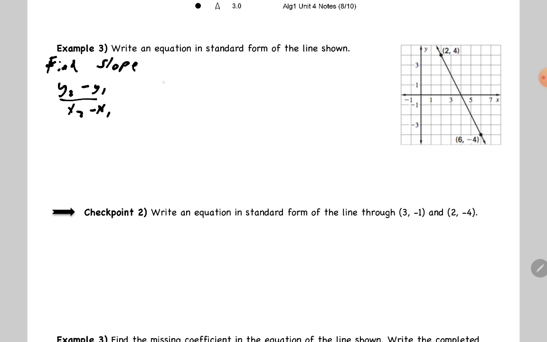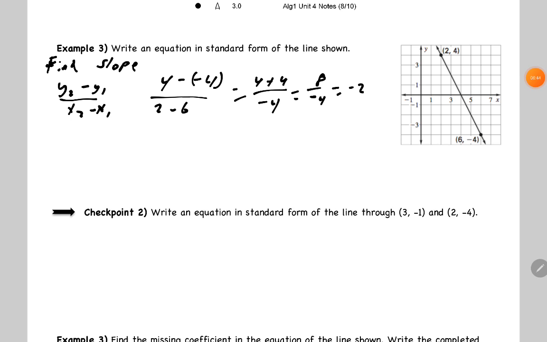Okay, so I'm going to do top minus bottom: 4 minus negative 4 over 2 minus 6. So I'll get 4 plus 4, over 2 minus 6, which is negative 4. And when I divide, I'll get negative 2.